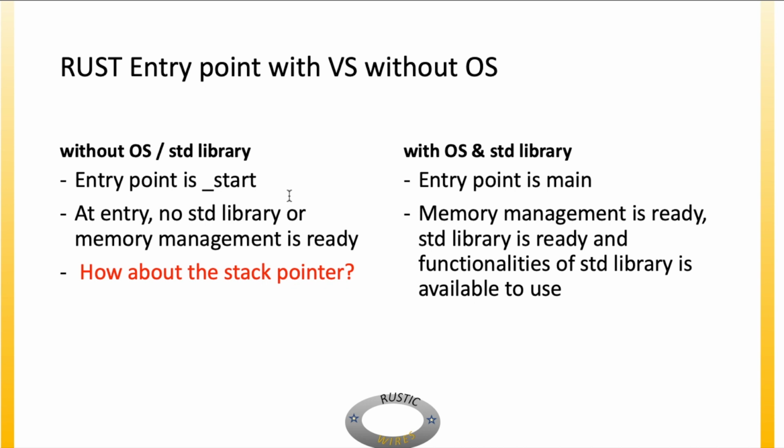Any standard library functionality which might use memory management wouldn't be available on a platform if there is no operating system. Whereas if, for example, you have hardware on which Linux is running on a RISC-V platform, then it's easy to bring up Rust because the standard library would be already available.